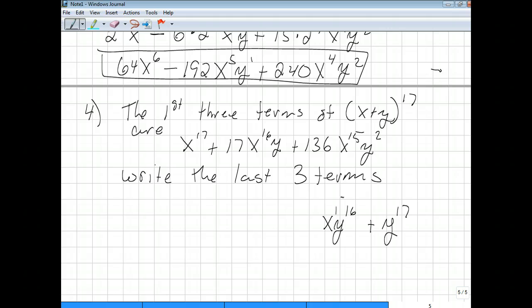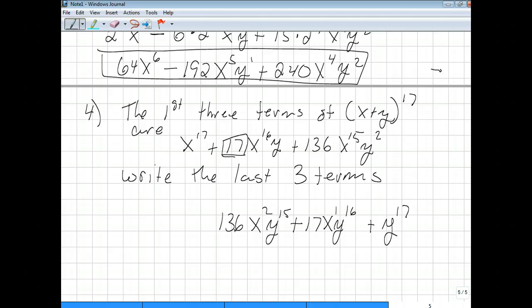And since it's symmetric, then the next one, the coefficient would be 17. Plus, then my next y would be 15 and x to the second. And then the coefficient would be 136. Okay?